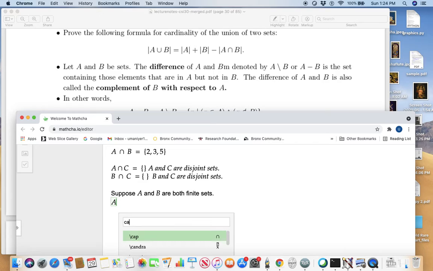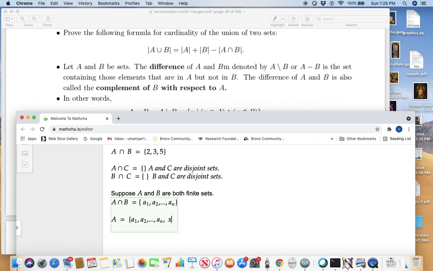So let's find the intersection of A and B. Suppose the intersection of A and B is {a1, a2, ..., an}. So there are n elements common in A and B. Well, what is A? A has these common elements and possibly something else.